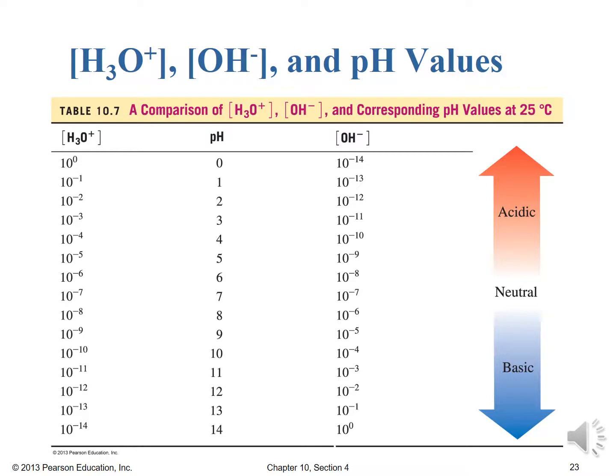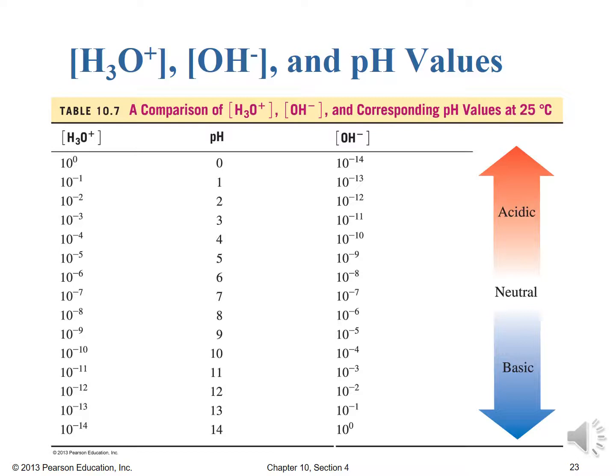Since that last learning check looked at the idea of calculating H3O plus from OH minus values, let's take a look here at how those relate to pH specifically. If we're looking at the H3O plus concentration for a pH of 0, it would be 10 to the 0 power, and then the OH minus concentration would be 10 to the minus 14.